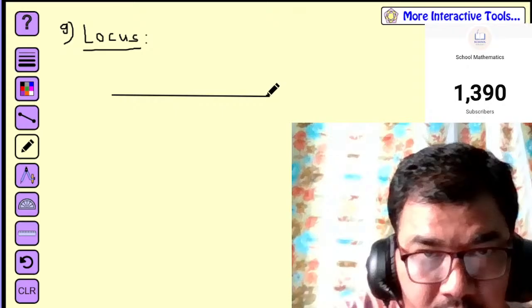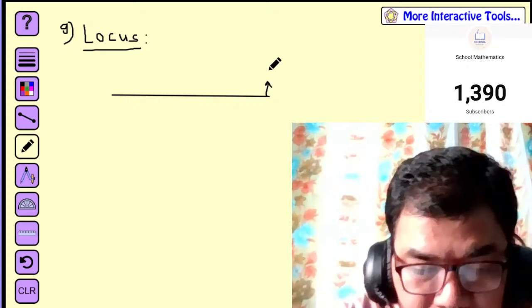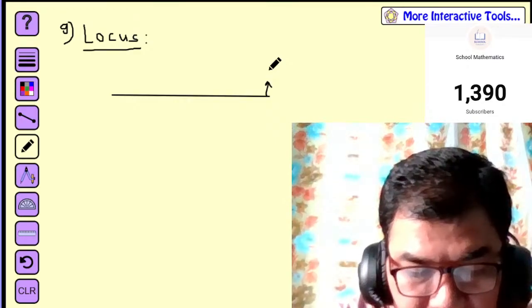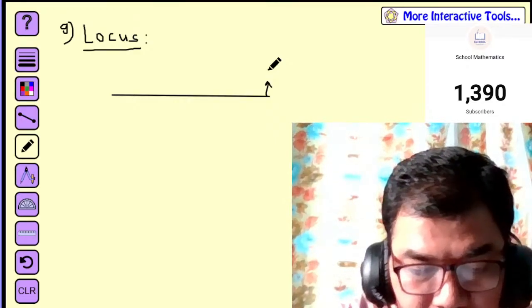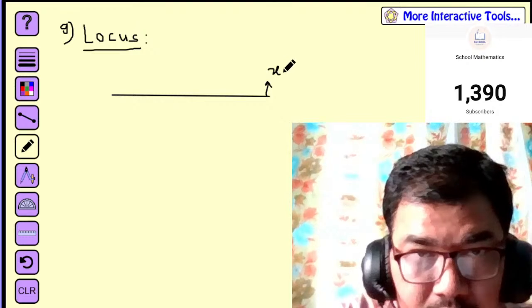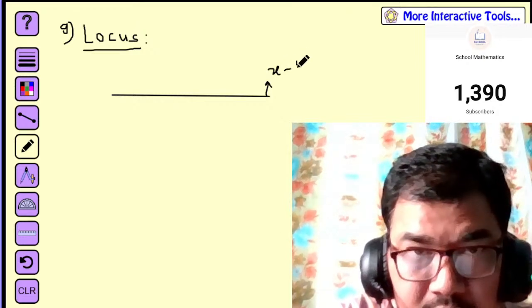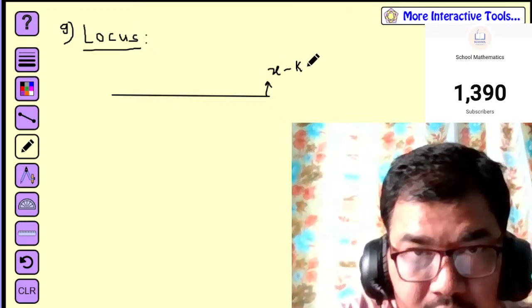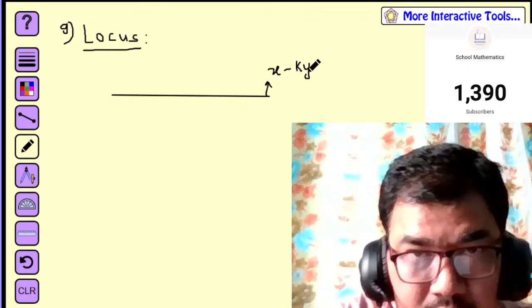Suppose its locus is given there as x minus ky, right?